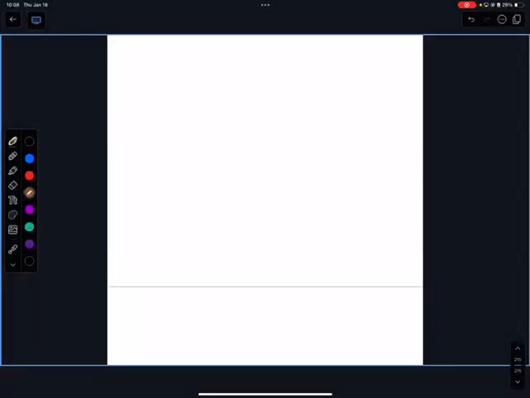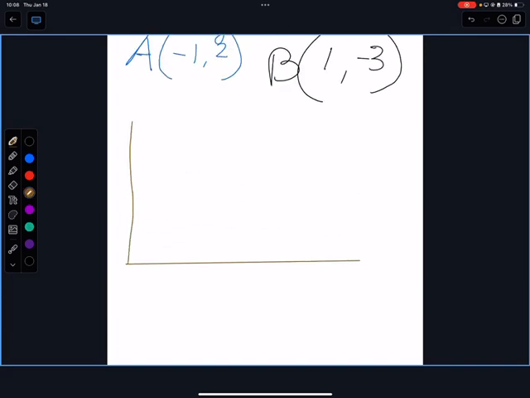So, there and there. What did it say? Horizontal axis. 1, 2, 3.